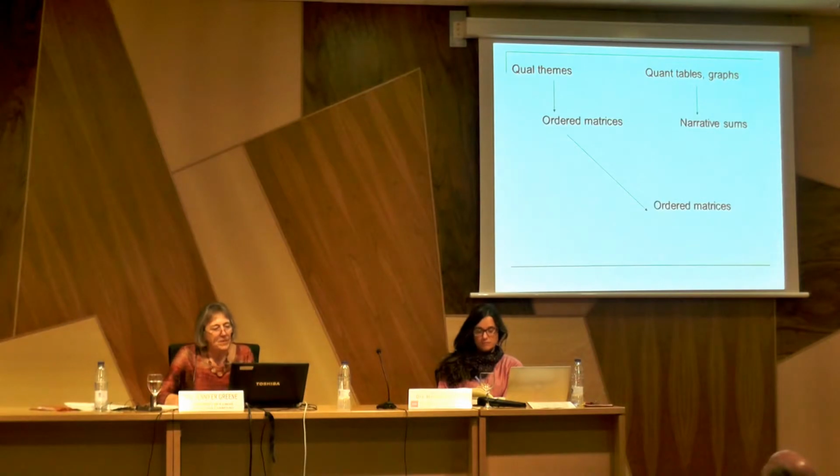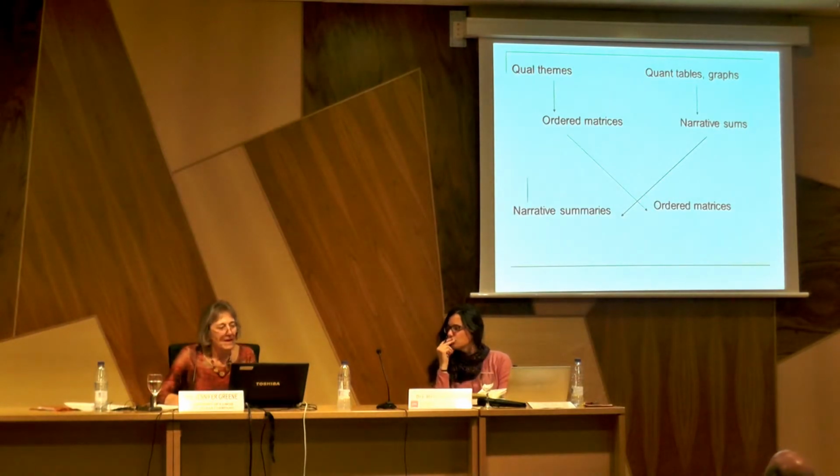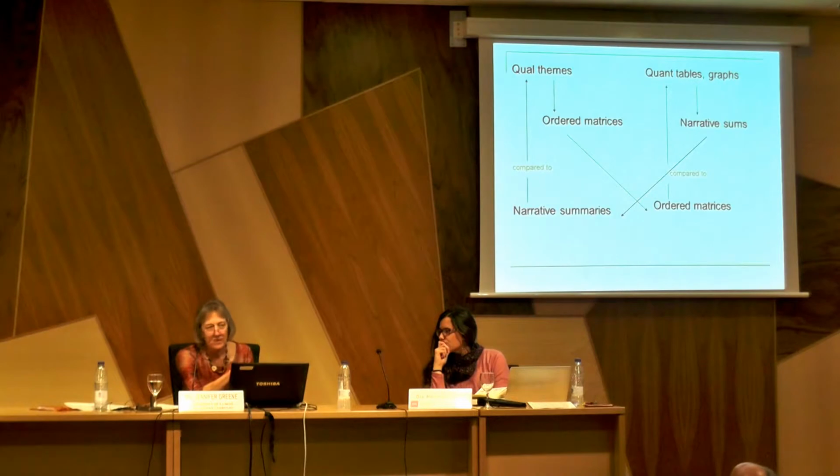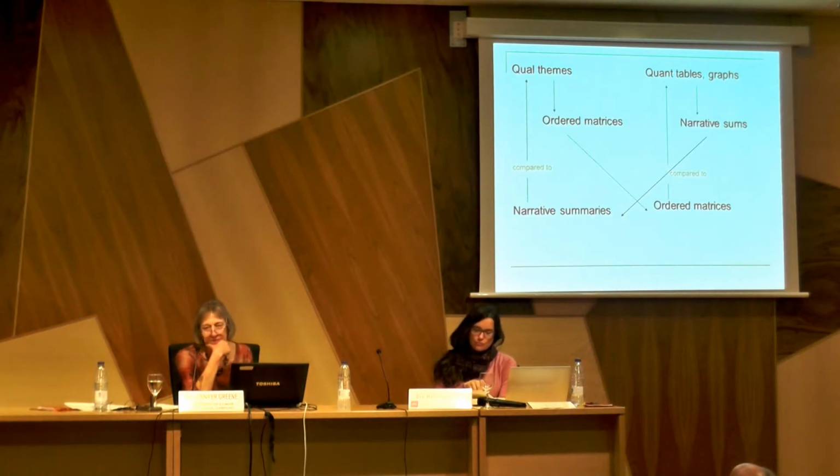And they brought each of these transformed summaries to the other side, and then they compared them. So they compared the transformed quantitative data as narrative summaries to the original qualitative themes, and they transformed the qualitative data, which was in ordered matrices, to the original quantitative tables and graphs.